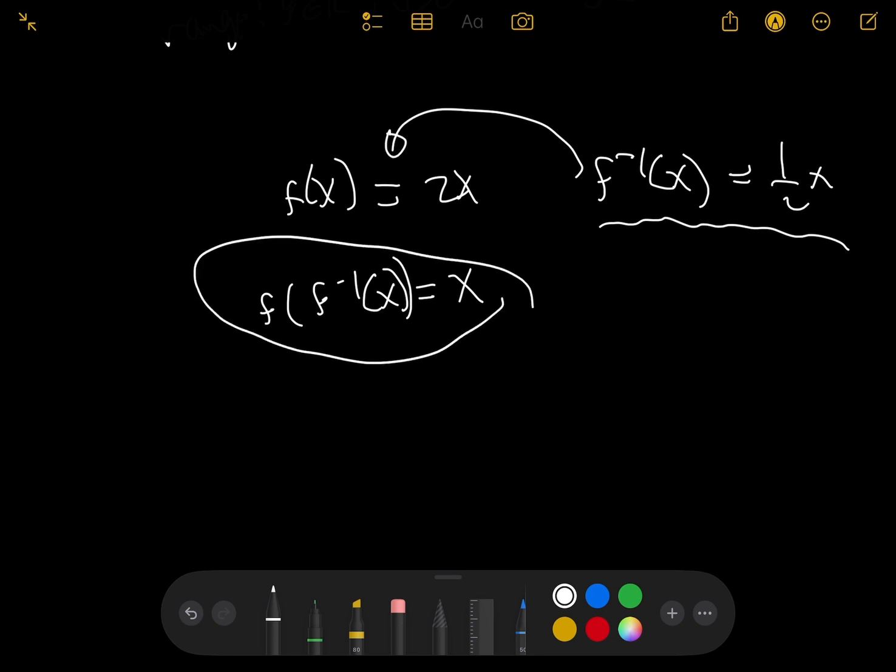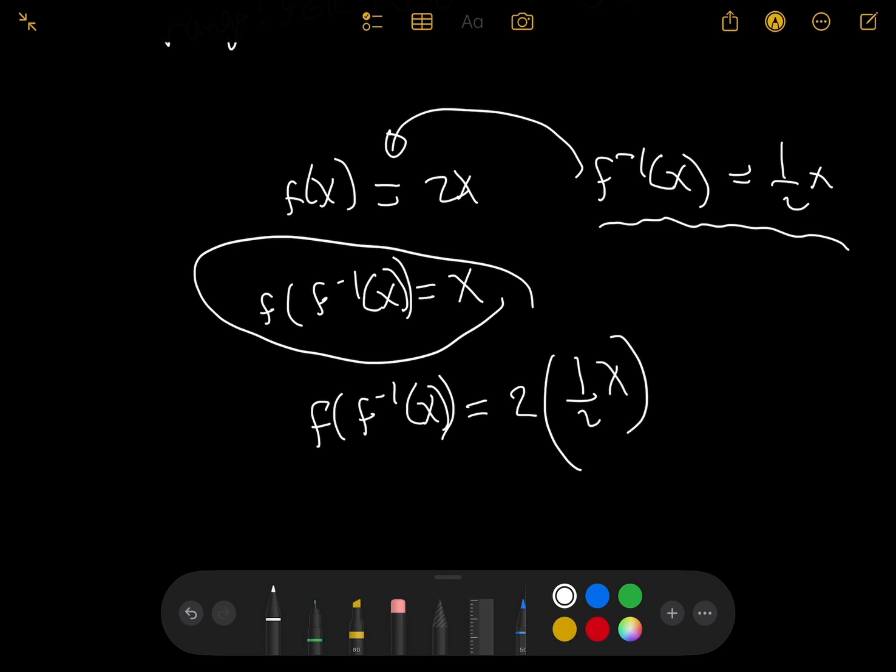Let's just begin. If we say f of the inverse of x is equal to, here we're going to get 2, right? And then instead of x, we substitute half x, given that y is basically half x.